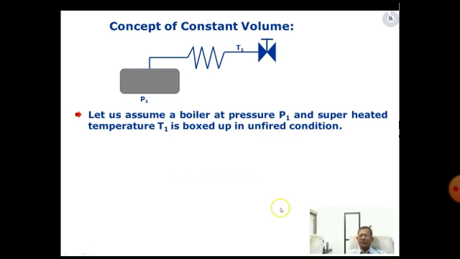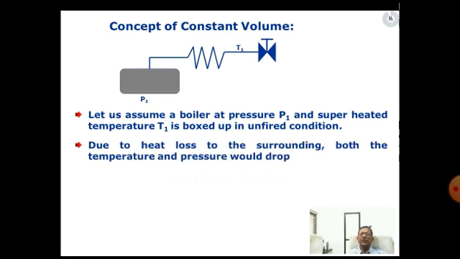Now since the firing is stopped, gradually because of the heat loss, what is going to happen? First the temperature is going to drop, and correspondingly the pressure is also going to drop. So as the heat is lost to the surrounding, both the pressure and temperature are going to drop. But two things are not going to change. One is the total amount of steam, the mass of the steam, which is not going to change because no steam is getting added and no steam is going out.